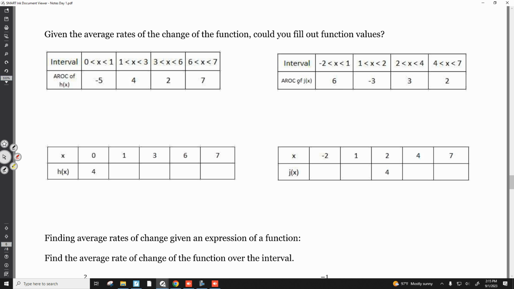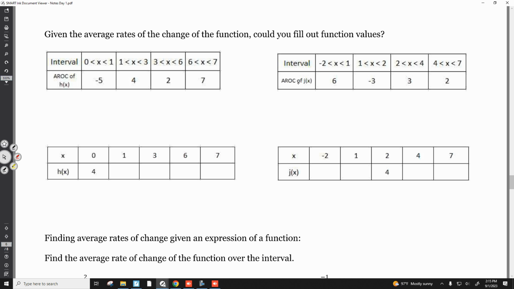Could you use this information to know where your points are? Let's see. Try. Don't just sit there and wait. Too many of you guys just think that lesson time is checkout time. Try.